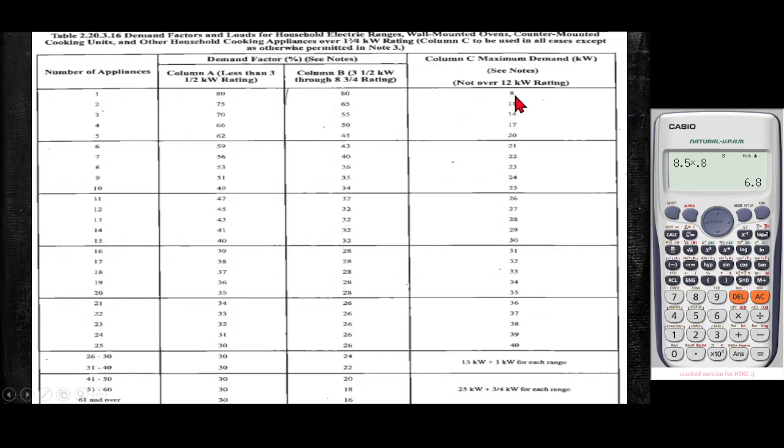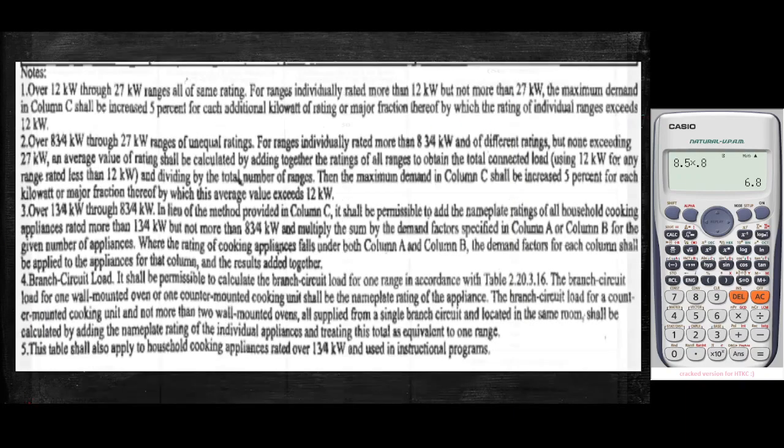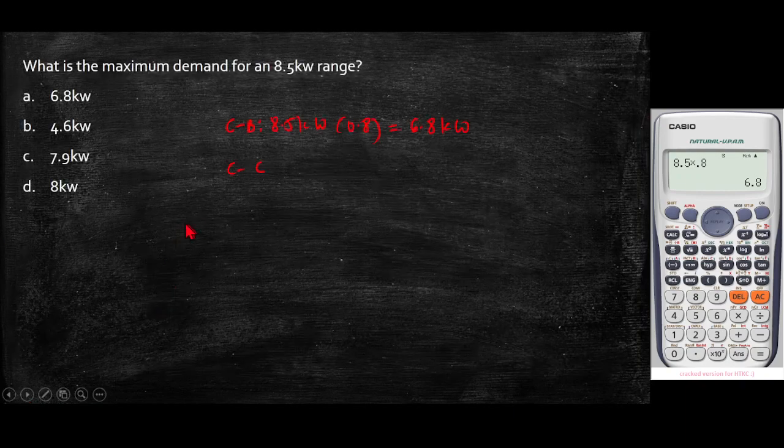Ito, bali ito is per kilowatts. So, kunyari, isa lang siya, tapos hindi siya lalagpas ng 12 kilowatts. So, ito, gamitin, 8 kilowatts from column C. So, alin dito yung pinakamababa? Yung pinakamababa yung ating gagamitin, which is the 6.8. The correct answer is letter A.